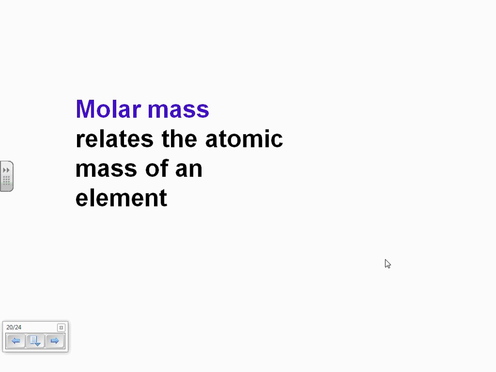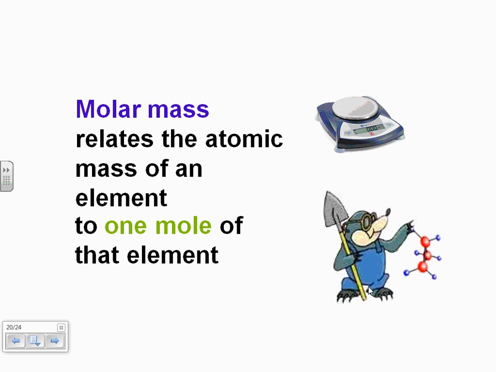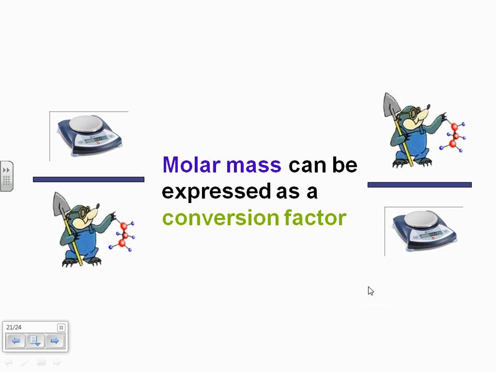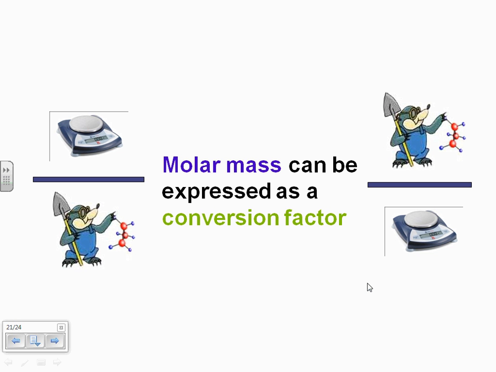Okay? So molar mass relates to the atomic mass of an element. You guys know this. And it's to 1 mole. Always it's 1 mole of that element. Again, it doesn't matter which way we express it. But the molar mass part is just within the same compound.